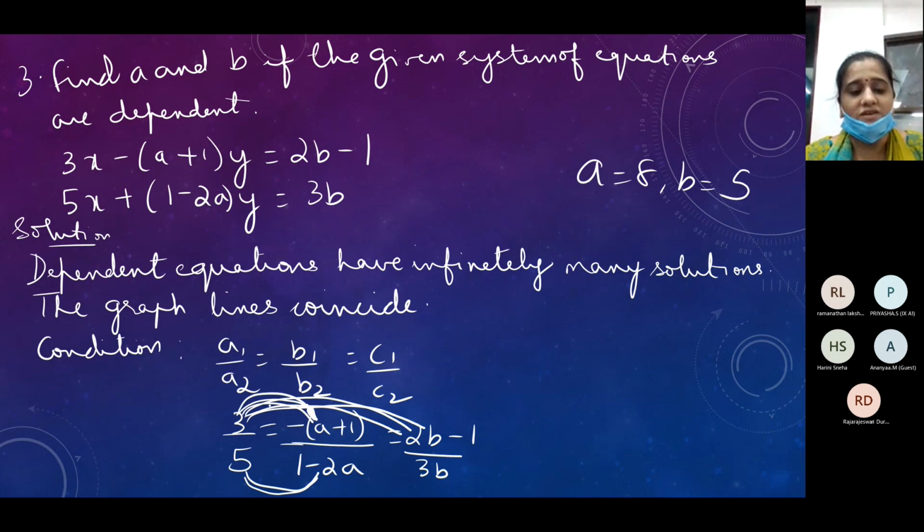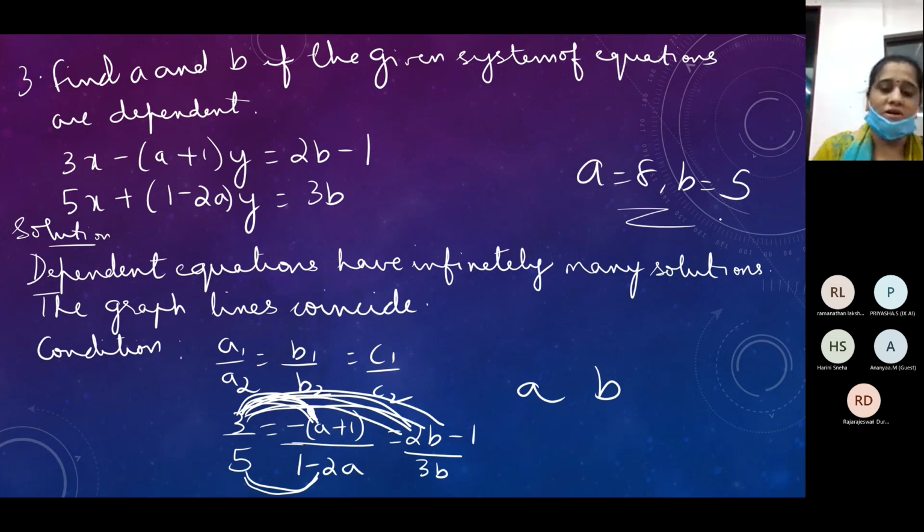Equate the first and second, first and third. When you equate 1 and 2, you will get the value of A. When you equate 3 by 5 with the last ratio, you will get the value of B. If you have not completed, make a note of the answer.